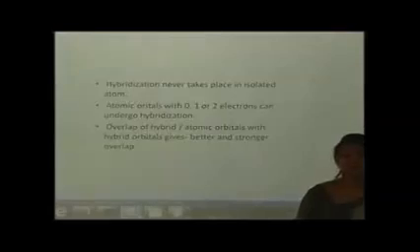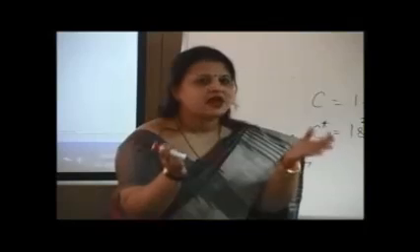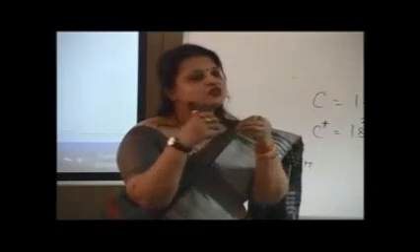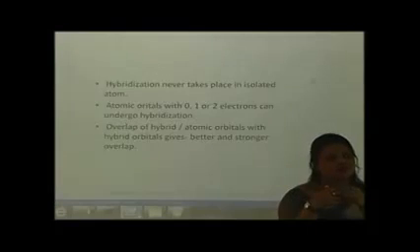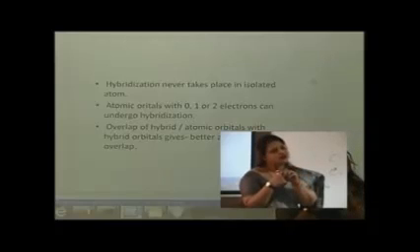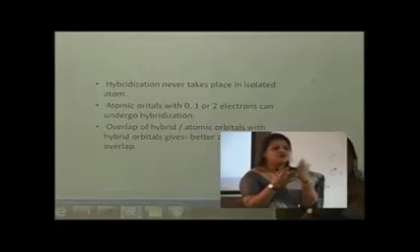And once the hybridization takes place, the hybrid orbitals are formed. For example, if two atomic orbitals, one s and one p, mix together, then since two atomic orbitals are mixing together, two hybrid orbitals will be formed. If three atomic orbitals are mixing together, three will be formed. If four are mixing together, four hybrid orbitals will be formed.